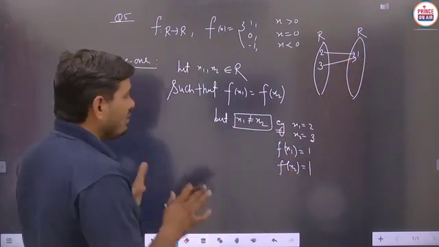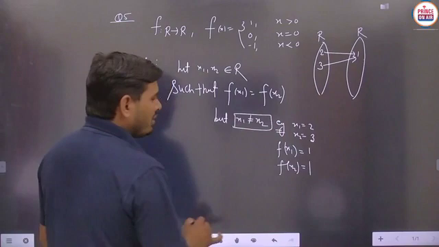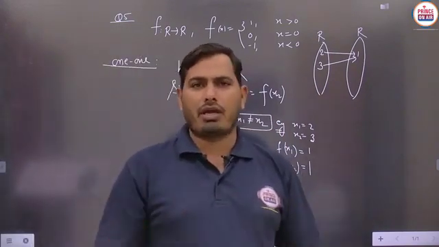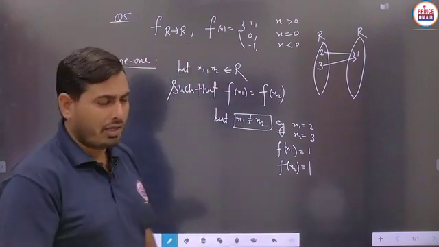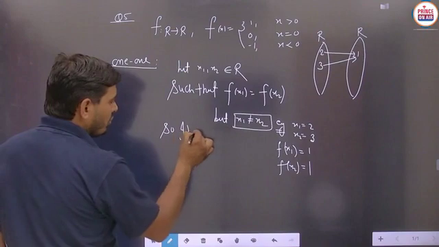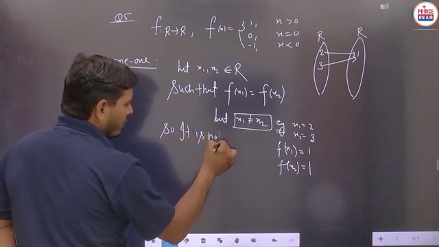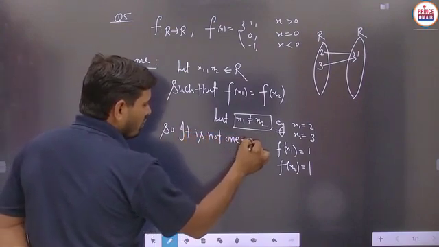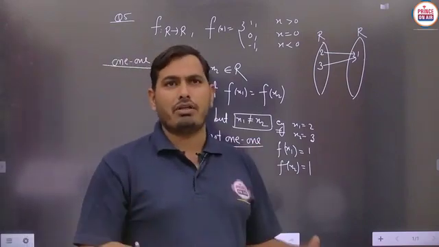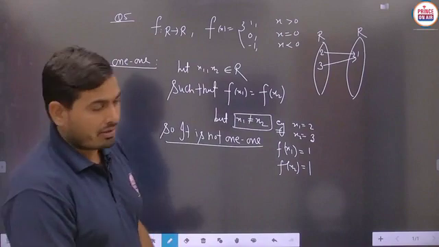So definitely in this case x1 is not always equal to x2, and if any one of the cases fails, then definitely we can say it is not one-one. So it is not the case of one-one, which means the function is said to be many one. Is it clear?